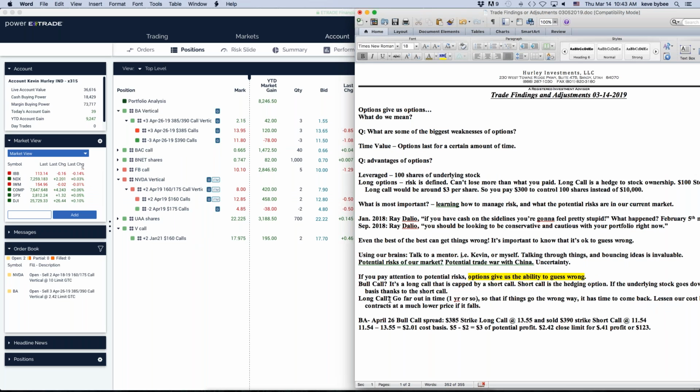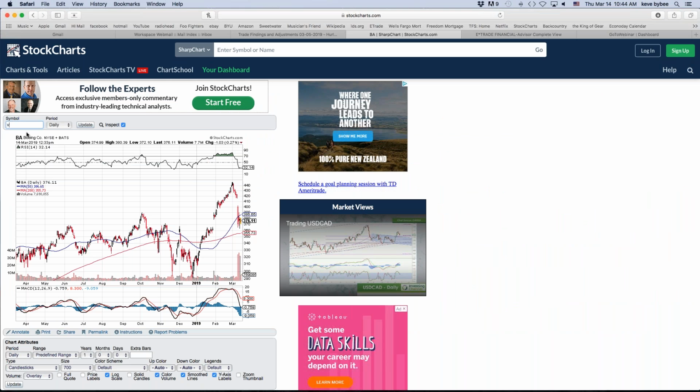What is our hedging thing that's going to give us a chance to guess wrong? It's time in this case. Again, one of the biggest weaknesses is time value in our options. If you go too short, you may not have time to let things come back if it falls. Just to look at Visa.